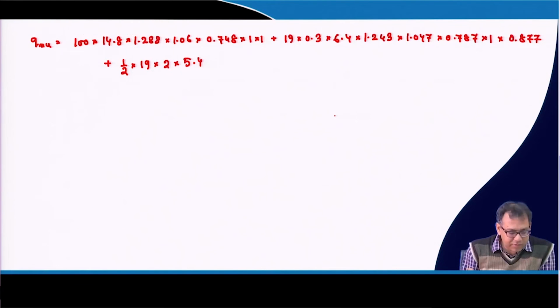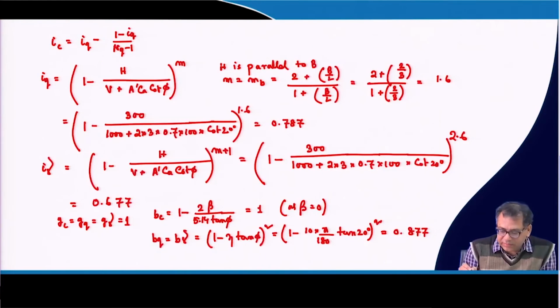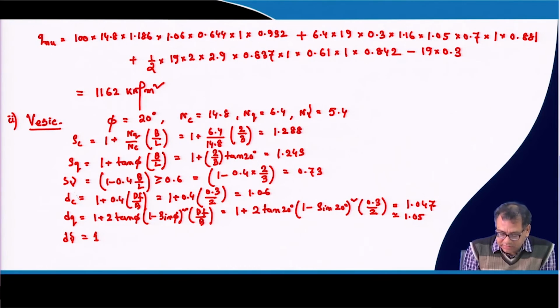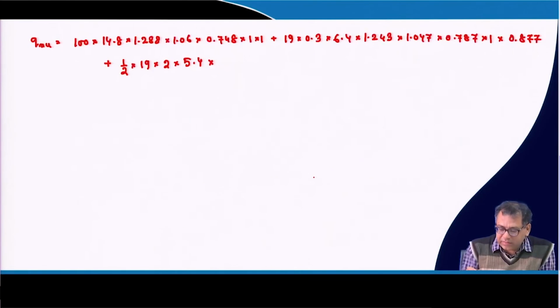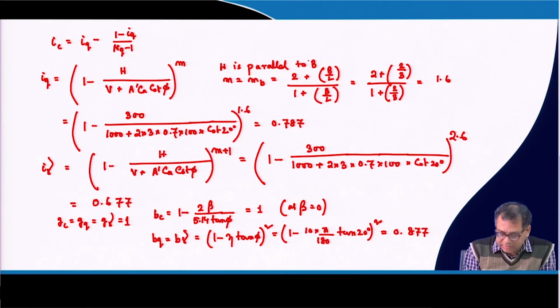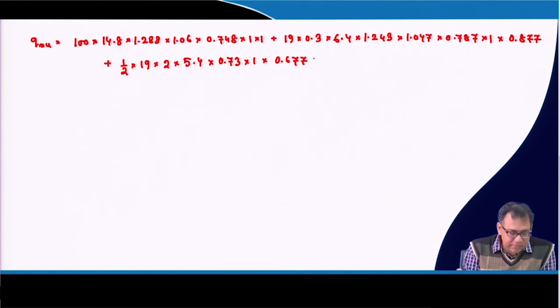Now 5.4 is the bearing capacity factor, then S gamma is 0.73, then the D gamma which is 1, then the inclination factor, which is 0.677, and then the ground factor is 1 and base factor is 0.877, minus 19 into 0.3 as it is net.